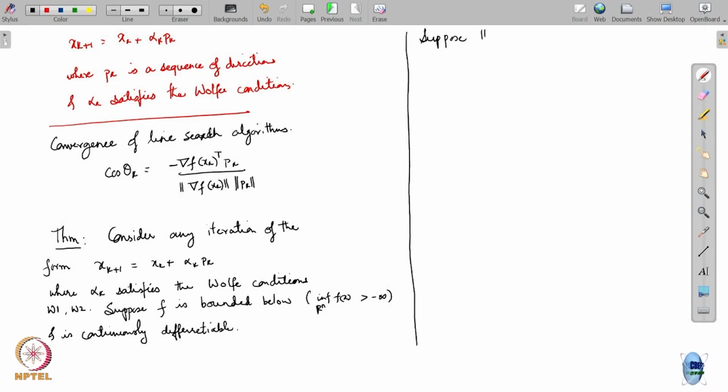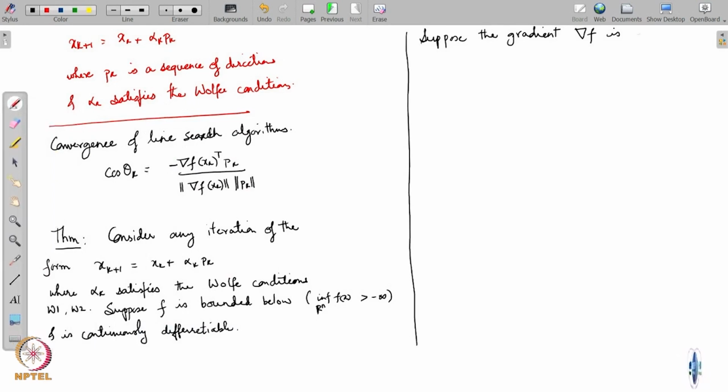Suppose the gradient of f is Lipschitz continuous on an open set containing the set L. Let us call this set L. What is this set?